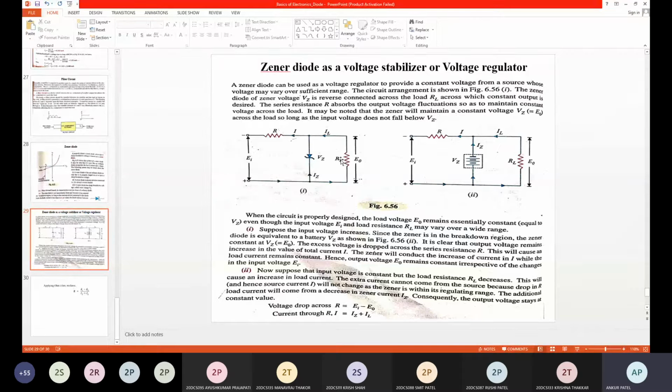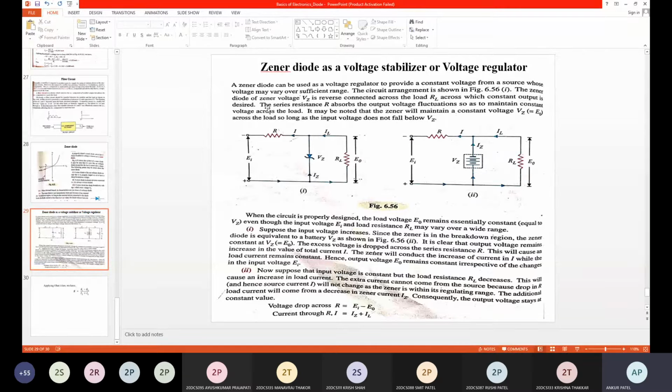In the circuit arrangement, the Zener diode of this Zener voltage is reverse connected across this load resistance RL. This Vz is connected across this RL.